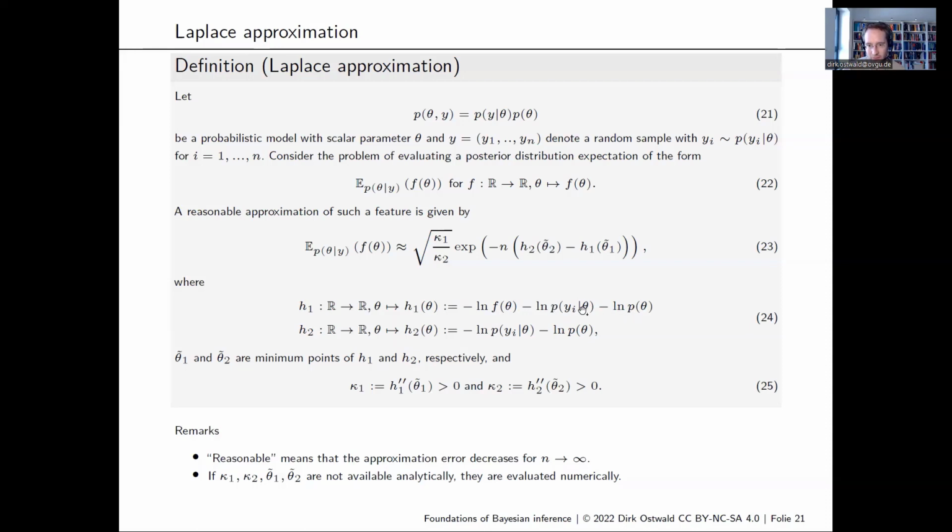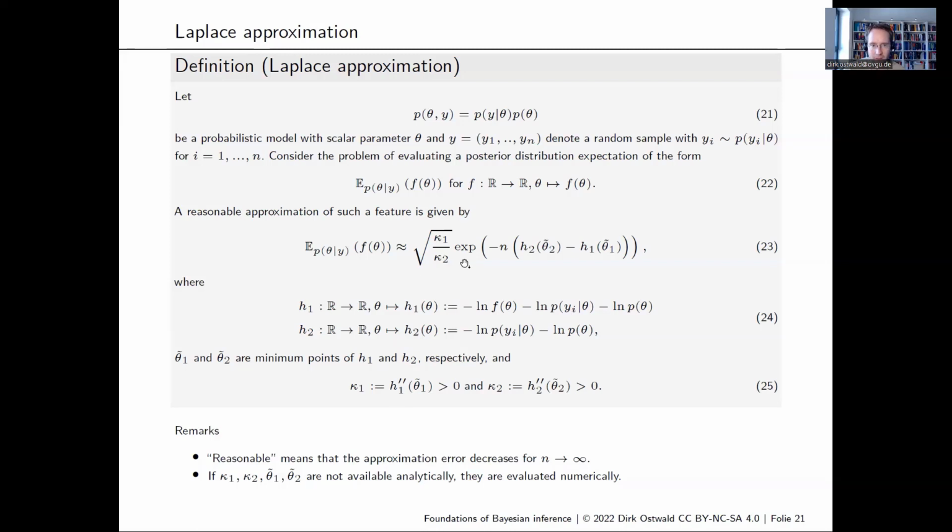We should deal with density functions here. So the likelihood density function and the prior density function, and h2 again uses the likelihood density function and the prior density function. Everything that we have in terms of h1 and h2 we get from our definitions, and we don't need p(theta given y) or all the y's here at all.